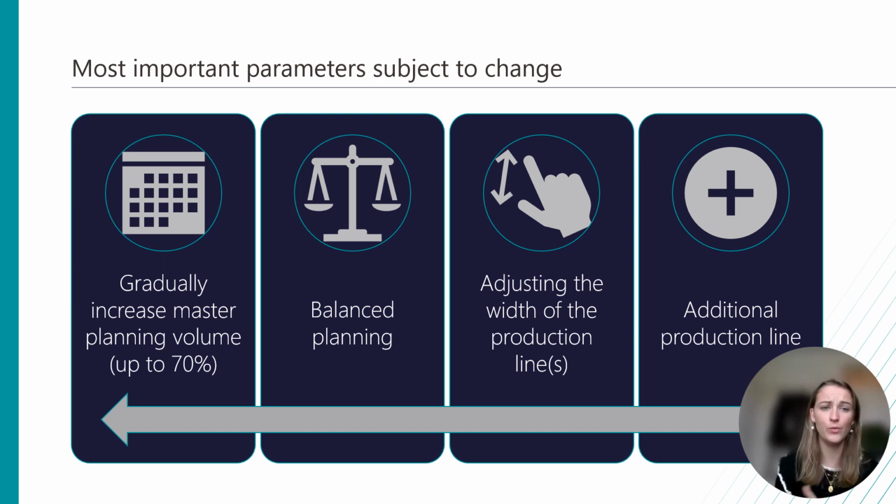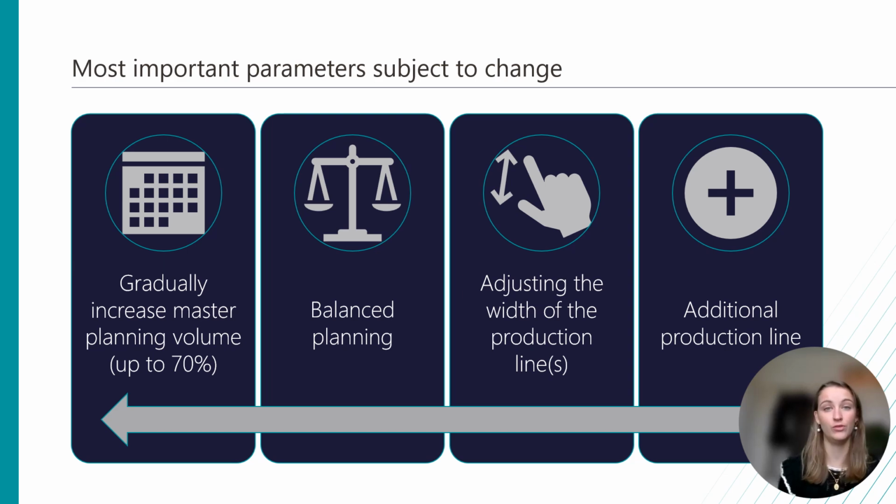The second thing we try to do is to optimize the planning, and we did play around with some line balancing. So this one is really related to improving the efficiency in your plant. And the last 2 are related to some investments. So they had 2 things they could choose from. They could either adjust the width of 2 of the production lines.